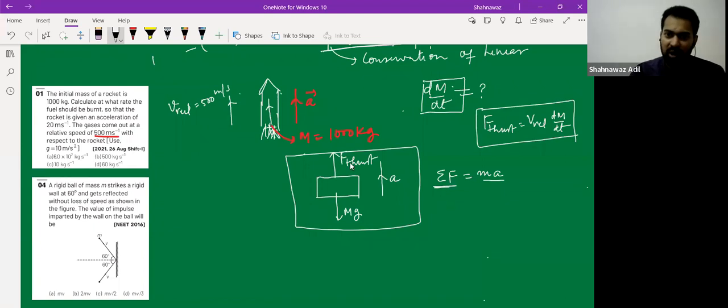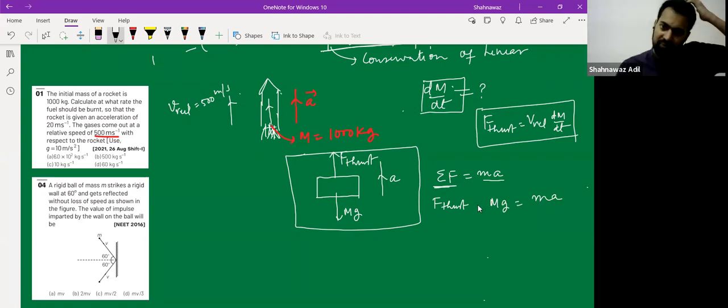So what will be positive and what will be negative? So this is F thrust and this is mg, which is equals to ma. So mg will be positive or negative? Negative. Yes, and negative, and this is positive, right?